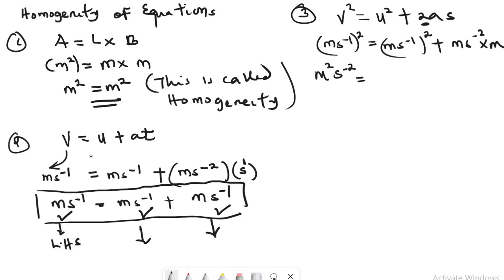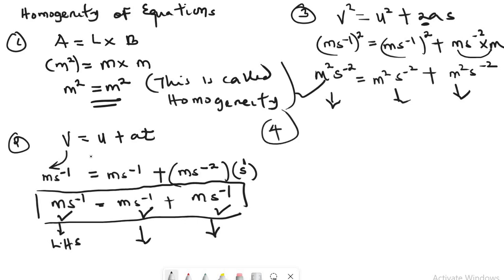When you use the operation of power of 2, meter squared s minus 2 plus this one too, we have meter times meter squared s minus 2. You can see the left hand side is the same thing as the individual terms, so it's dimensionally correct. Now let's see another one.